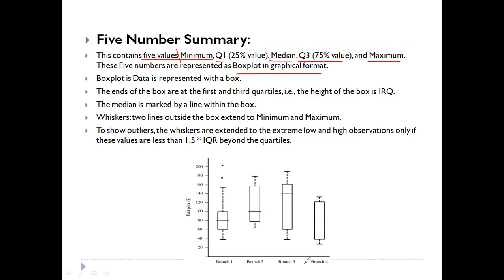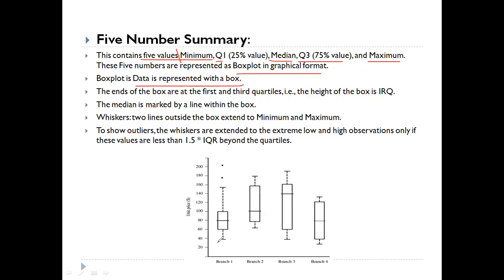This is the box plot. What is the graph name here? This is a box plot. The representation of these 5 numbers is this box plot format. Box plot data is represented with a box. So how do we identify these five values?